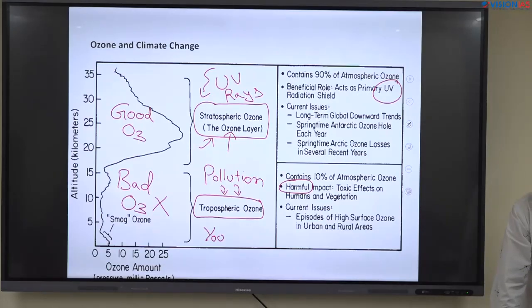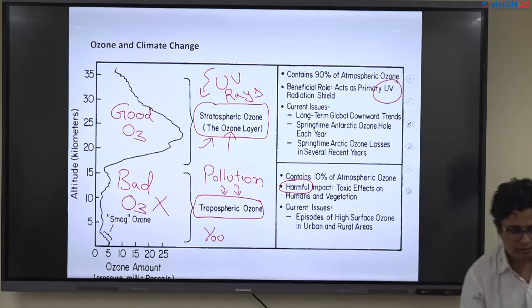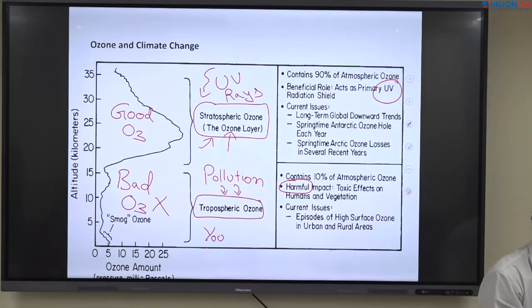Ozone layer present in stratosphere protects us from UV rays, while the ozone in troposphere, which is result of pollution, is harmful for respiratory system. Full stop.